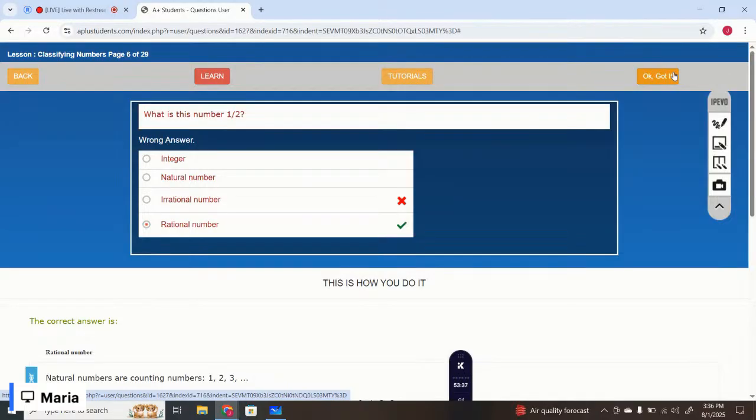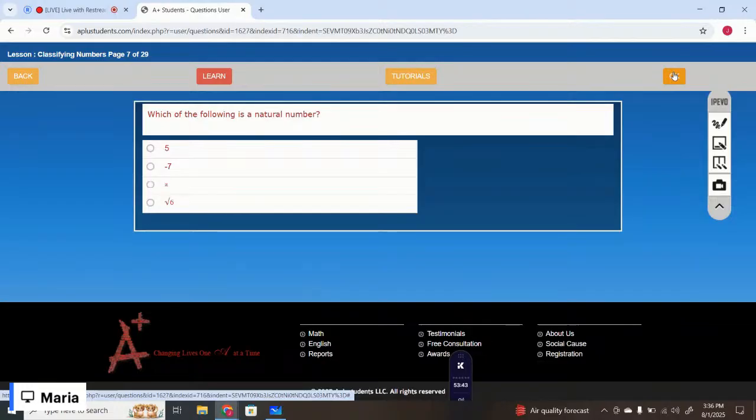Irrational number it is. Which of the following is a natural number? 5 is the natural number. Option number 1 is the correct option.